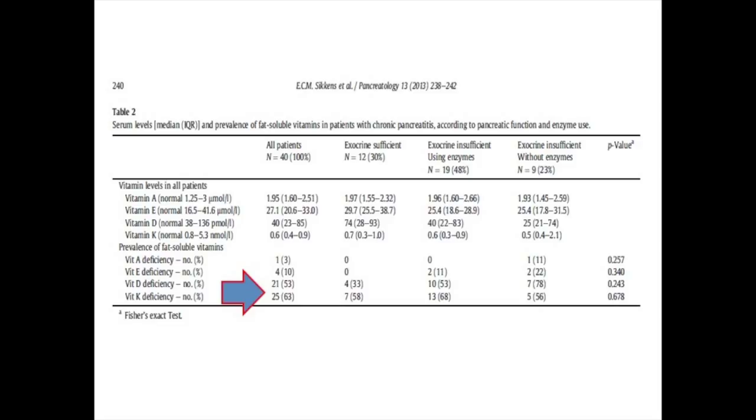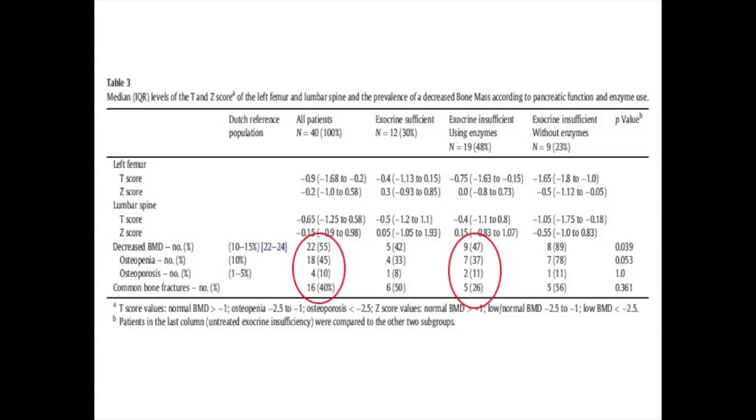And you can see that there's a general deficiency in A, D, E, and K in the total group. It's particularly predominant in the patients who are pancreatic insufficient without replacement, but it's also true in patients that are on pancreatic enzyme replacement. And this implies that being on pancreatic enzyme replacement doesn't necessarily imply being on adequate replacement.